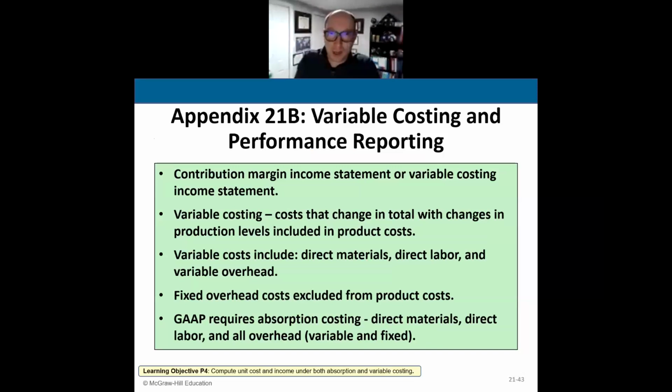Contribution margin is reported on a variable cost income statement. Variable costs are costs that change with the level of output. Variable costs include things like direct materials, direct labor, and factory overhead. These are the costs of making a product. Fixed costs are costs that do not change regardless of the level of output. That we know.